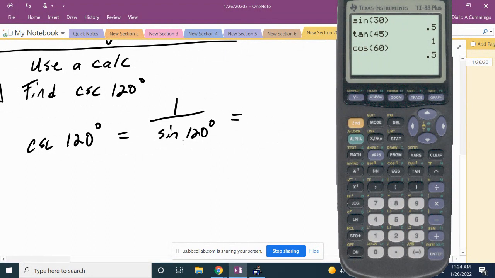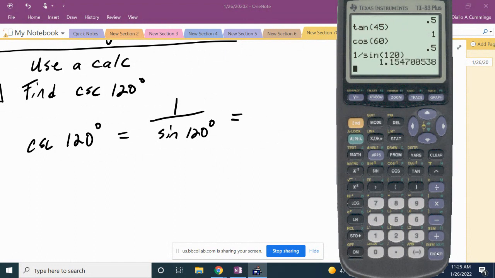Right? So since I am in degree mode, right, I'm given a degree measure. I'm in degree mode. So I'm going to enter 1 divided by the sine of 120 degrees. And we have 1.154.